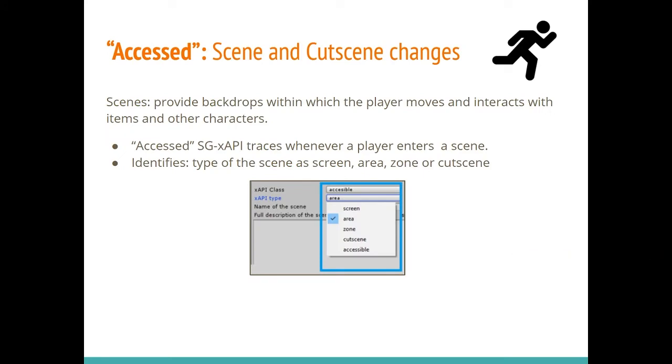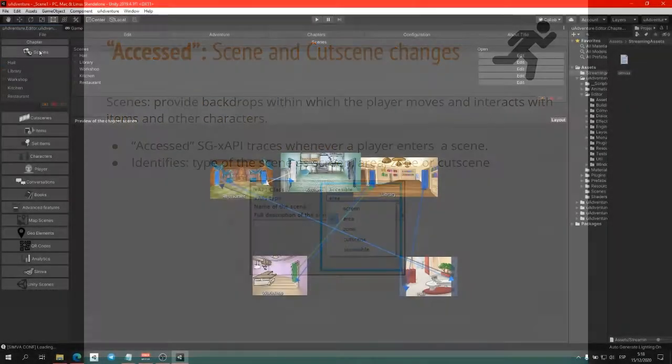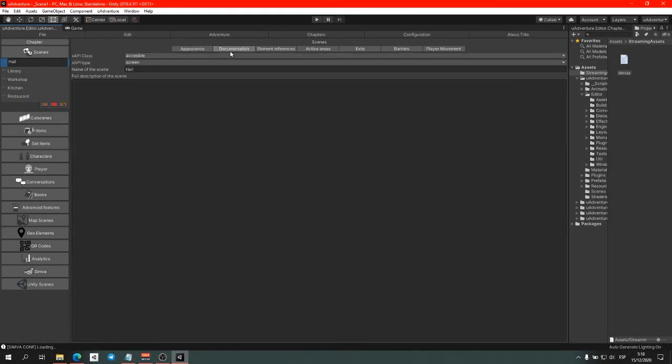Starting with the ad hoc traces, scene and cutscene traces trigger accessed traces, with the type of the scene and the ID. Here, in the documentation tab of the uAdventure scene, you can switch between the different xAPI types.